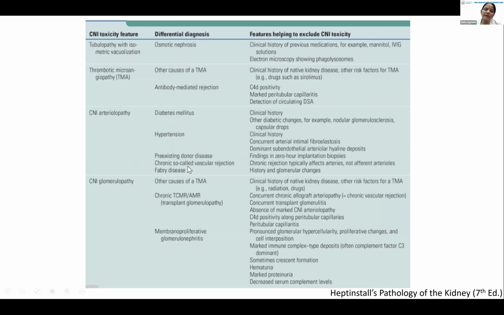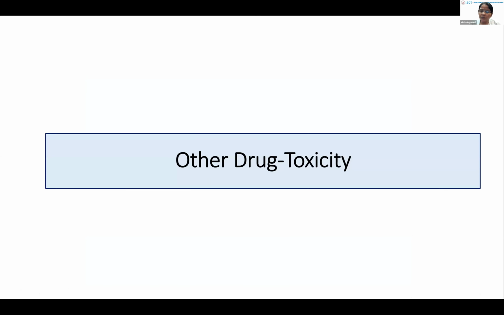In chronic vascular rejection also, you can have sometimes changes in the arterioles, but of course you will have other features, and then the list is long. In CNI glomerulopathy, you have to rule out a possibility of chronic antibody-mediated rejection, and also sometimes T-cell mediated rejection. Of course, you look at other features to make a diagnosis of CNI associated or other causes of glomerulopathy.